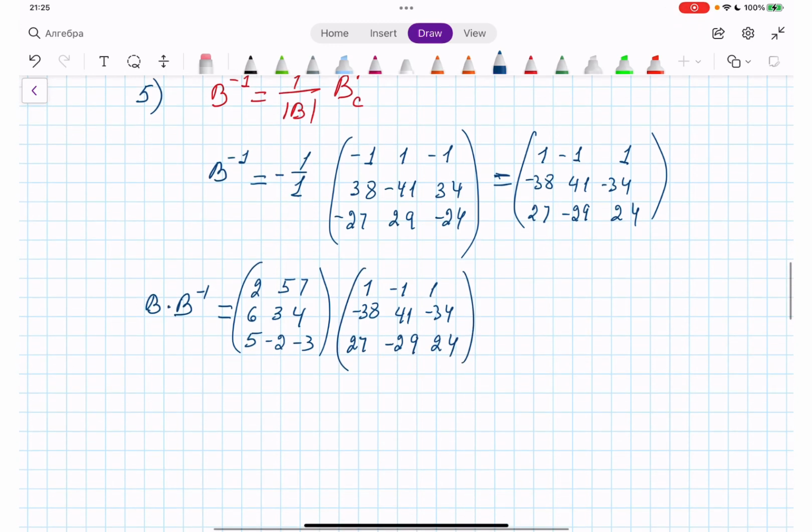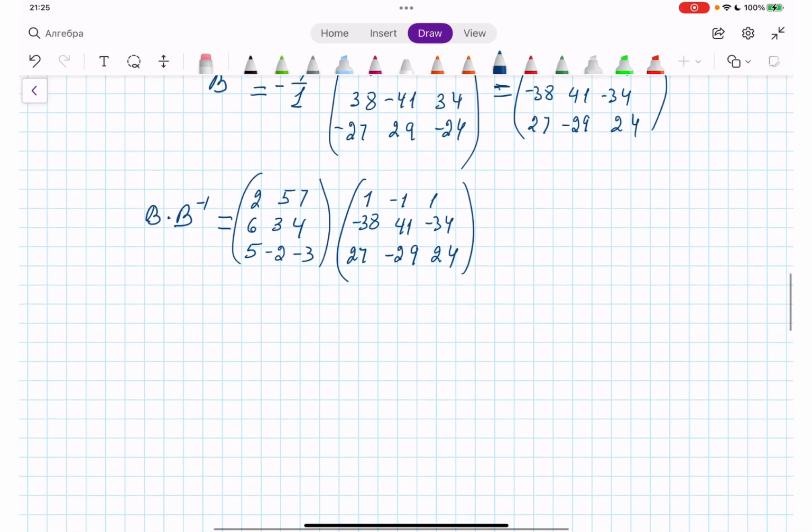Okay, let's multiply. It's going to be long multiplication, so collect all your patience. So what we are doing, multiplying these 2 by 1, and then 5, I'm sorry, not 6, 5.